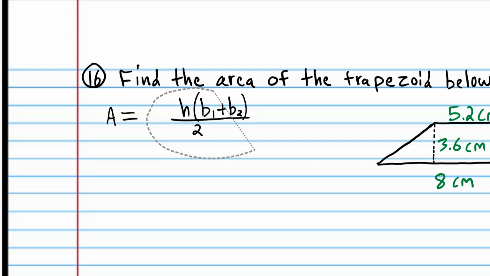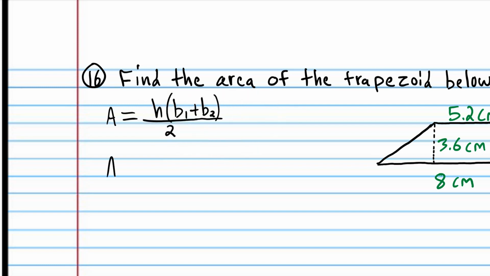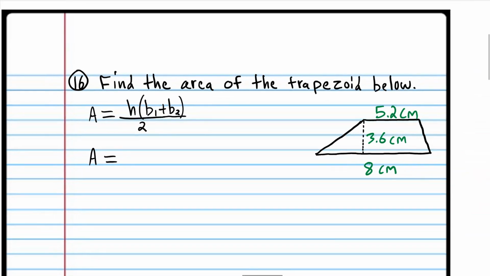That's the way we had it written in the formula. Okay, so the height is 3.6. And it doesn't matter which base is which, but one of the bases is 8 and the other base is 5.2.